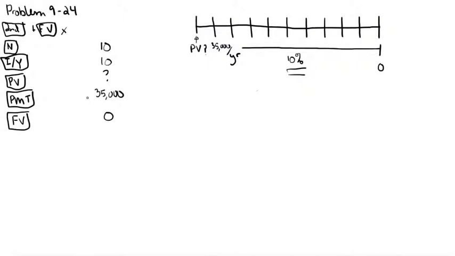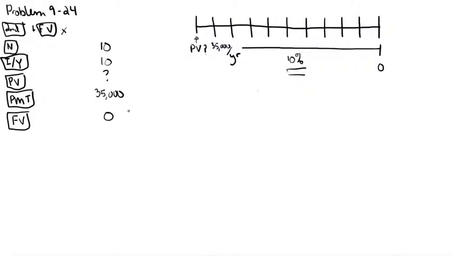So now it's as simple as programming those numbers into my buttons. So type the number 10 and push the N button. Type the number 10 and push the I/Y button for the interest rate. We're going to leave present value blank at this point because we're going to solve for that. Payment is $35,000 and the future value is 0.